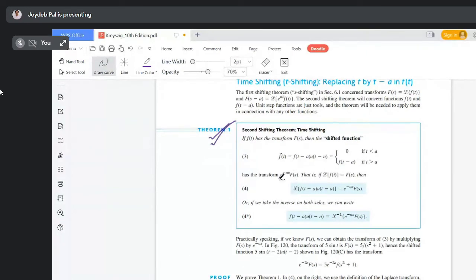Look, in 6.1, I think, I have introduced the first shifting theorem, which is also called the s-shifting theorem, right?